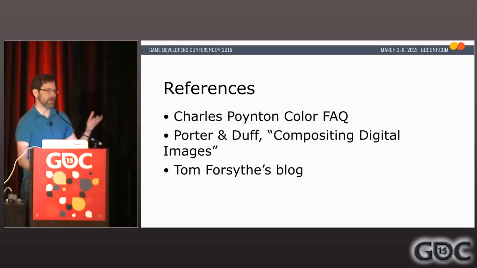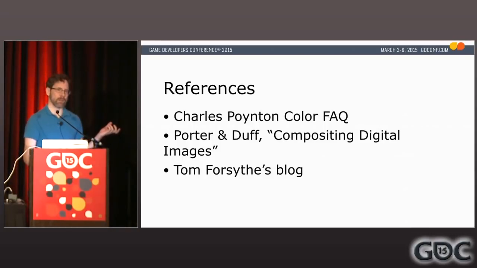Finally, Tom Forsyth's blog has a nice article about pre-multiplied alpha. He also has some discussion about pre-multiplied alpha and compressing textures. I didn't want to get into that too much because he's talking about some older compression standards, but you might want to look at that just to be sure.